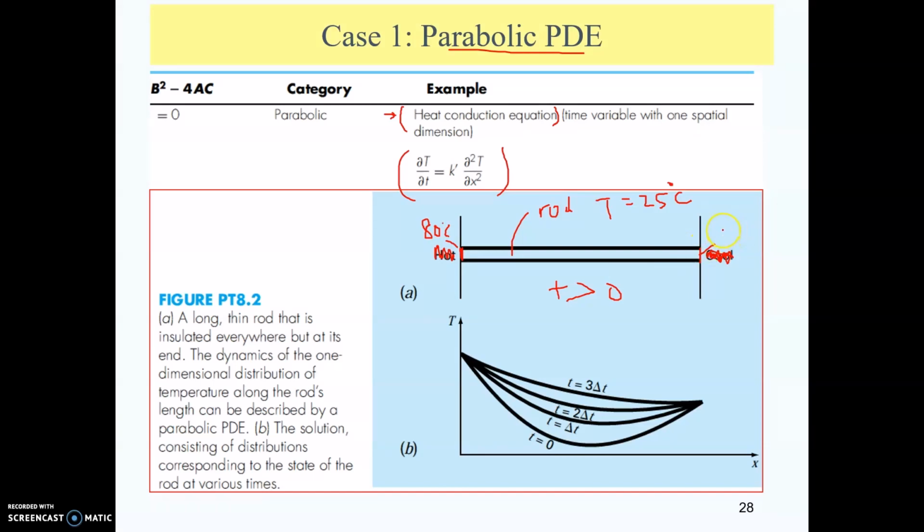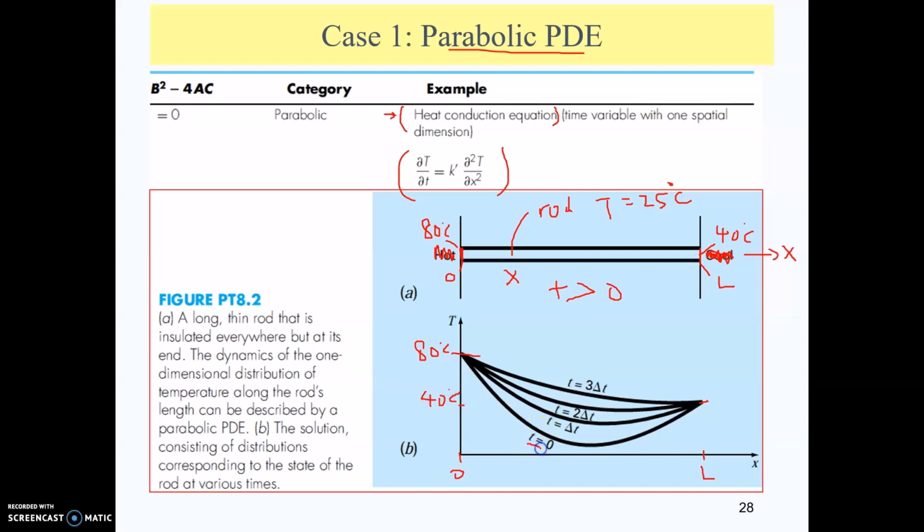On the other end, we put some heat source with 40 degrees Celsius. Let's assume this direction to be the x direction, so the length is from 0 to L. Therefore, you can see at x equal to 0 here, the temperature will be equal to 80 degrees Celsius. At x equal to L here, the temperature is equal to 40 degrees Celsius.